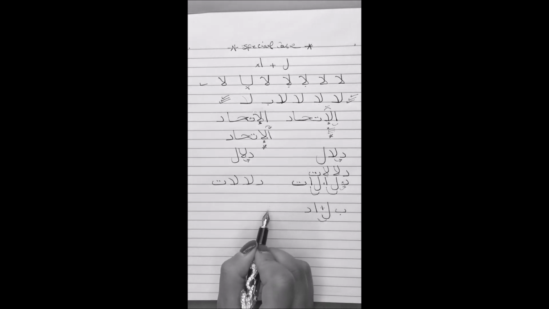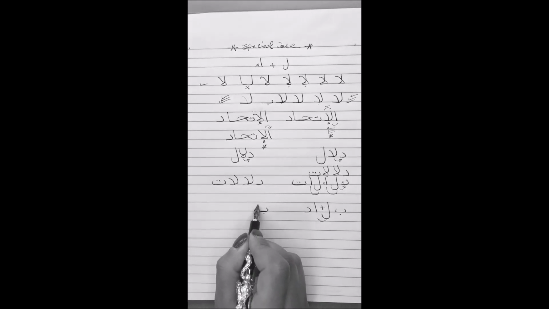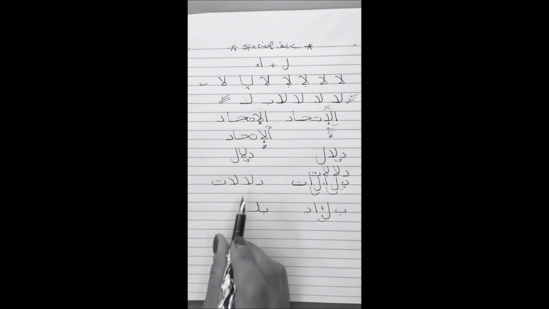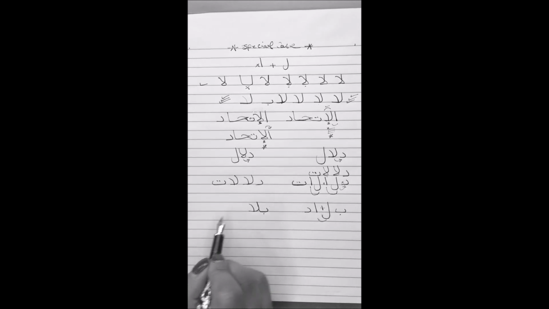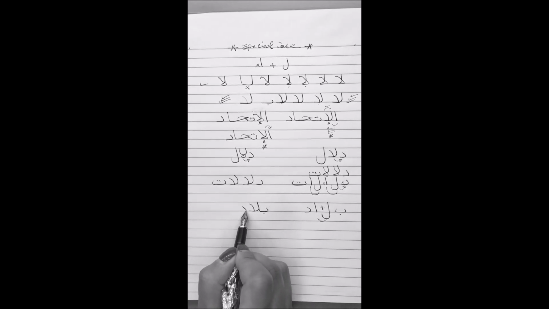So here it is. Ba, and then I go straight up for the lam. I go down and I create that beautiful curving area here. I put the aleph over the tail of the lam, and then I leave 1 milli and I draw my dal.